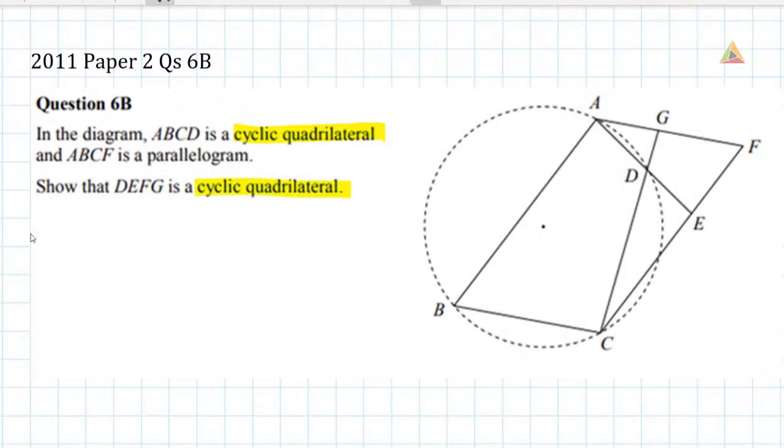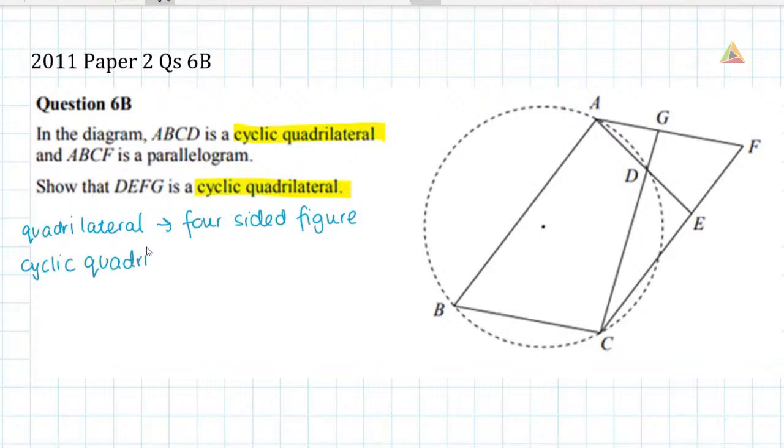So the first thing we're going to look at is a quadrilateral. A quadrilateral is a four-sided figure. We have lots of special quadrilaterals like a trapezium, a square, a rectangle, a parallelogram, a rhombus. There's lots and lots of different types of four-sided figures. The one that we're coming across here is a cyclic quadrilateral.